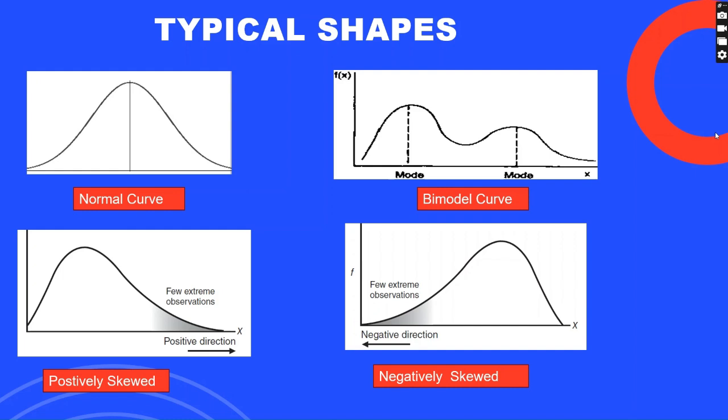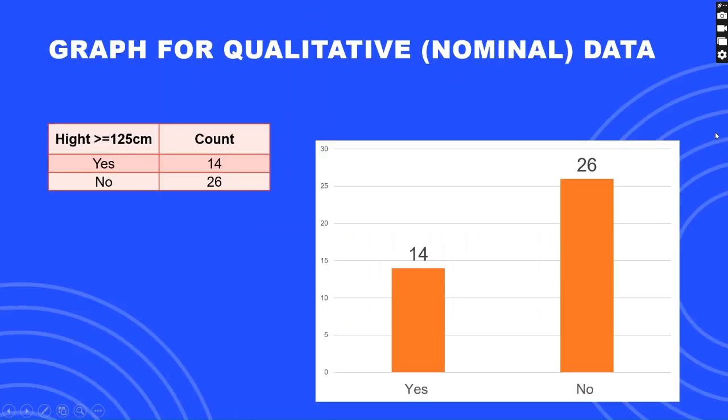Then a positively skewed curve: initially the peak value is high, and as it goes toward the end it slowly gets reduced. It starts from the peak and reduces one by one. Negatively skewed: initially the value of the curve, the amplitude, is low, and as it goes toward the end the peak value is available. So in a positively skewed curve the peak is on the left-hand side of the curve, and in a negatively skewed curve the peak is on the right-hand side.